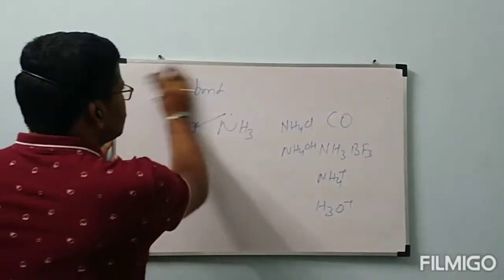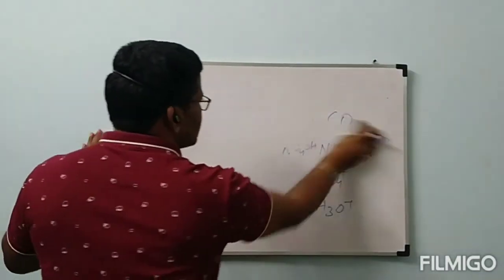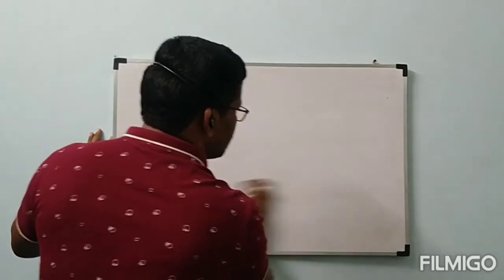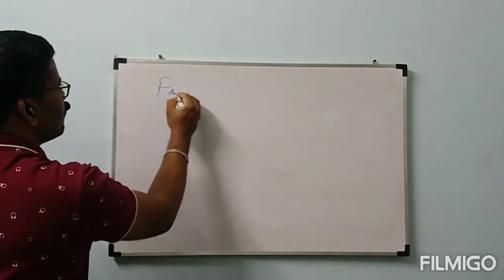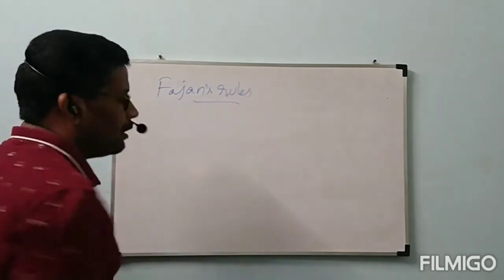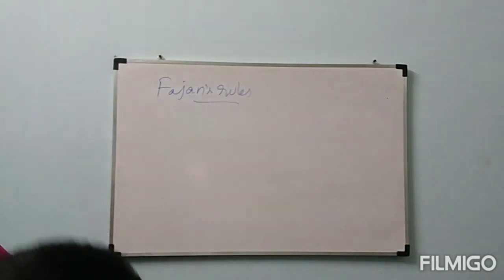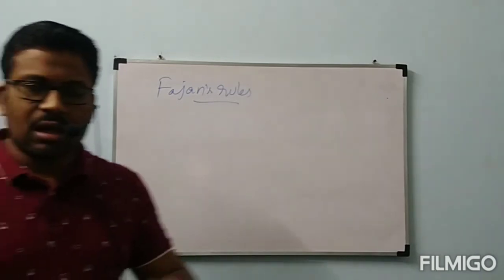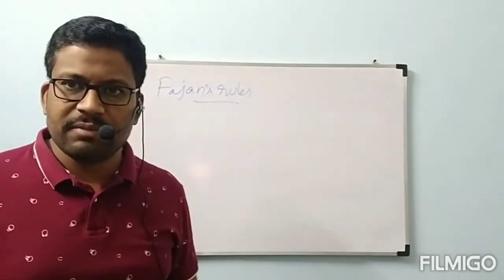Now we have to go through one important concept, that is Fajans' rules. Depending on these rules, ionic character and covalent character can be explained.